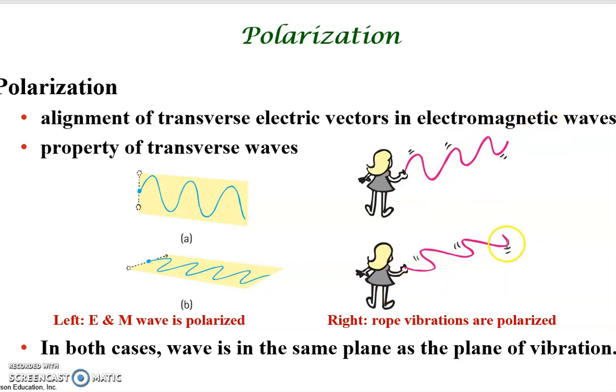Now the polarization is different. This one is up and down and this one is left to right. So it is polarized in a different way. To conclude, it is the wave in the same plane as the plane of the vibrations. So this is how you determine the polarization of a wave.